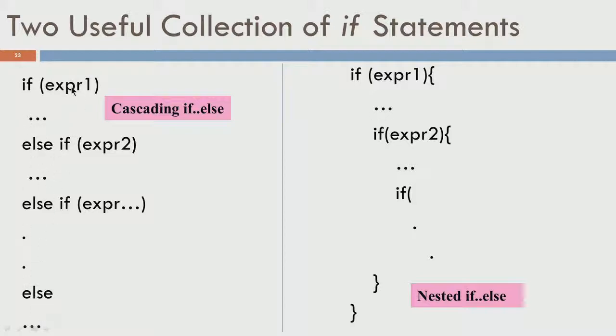If expression 1 is false and expression 2 is true, only this blob will get executed, and so on. So, in this cascading if else case, there is only one blob which will really execute, not all of them. However, if both expression 1 and expression 2 are true, both this blob and that blob will be executed here.